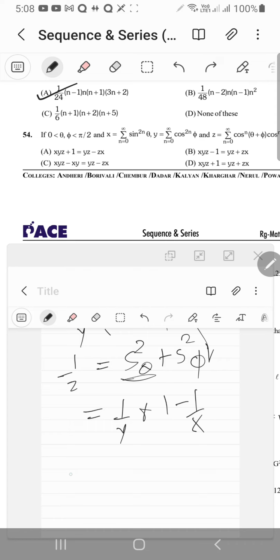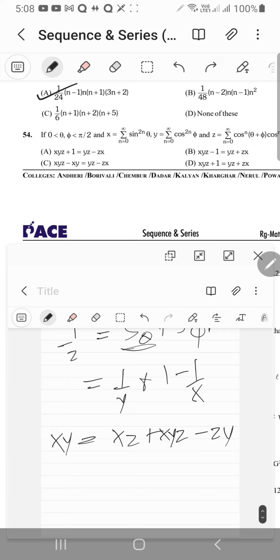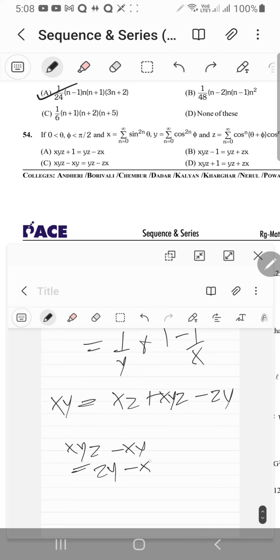So yx equal to xz plus xyz minus zy. Yes, or xyz. Over here you want negative xy. It's negative xy. That thing is zy minus xz.